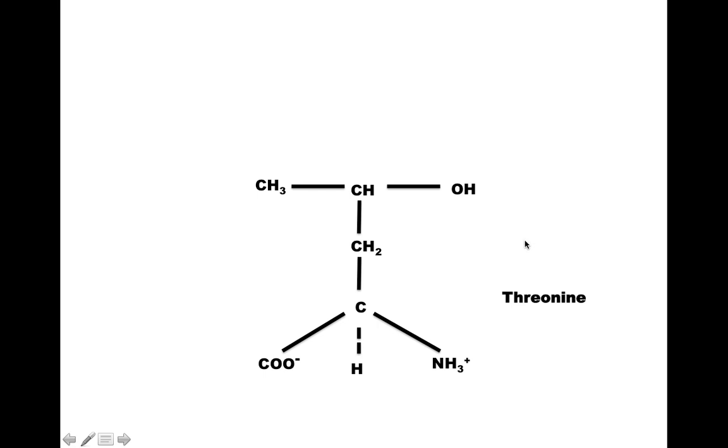Now, we are not comparing threonine with valine or leucine or isoleucine. Of course, those molecules would be more hydrophobic. We are just comparing threonine and serine, both of which are hydrophilic molecules. But between serine and threonine, threonine would be more hydrophobic, serine will be more hydrophilic.